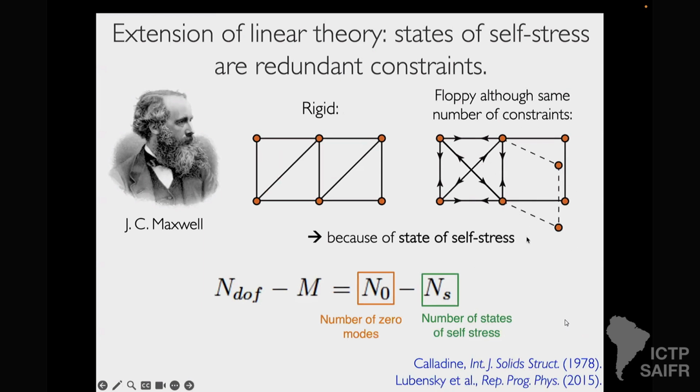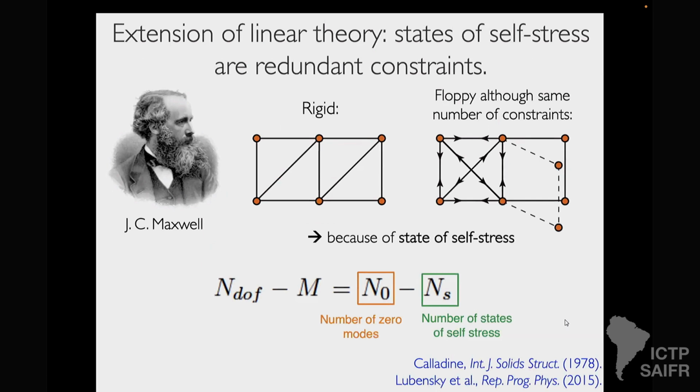Okay, and so in order to account for that type of behavior, what you can say is actually, if I have a set of tensions or forces on the system that allow all of the nodes to remain in the same place, then that is what's called a state of self-stress.